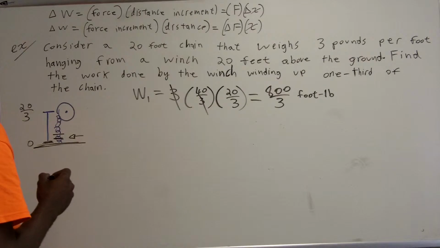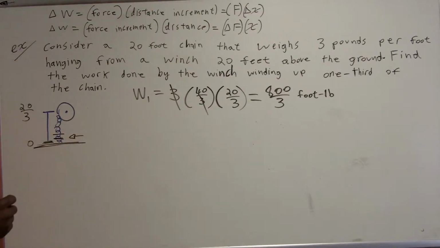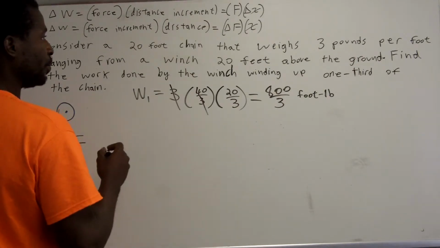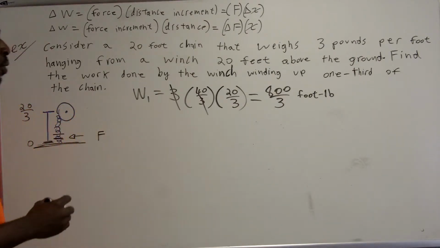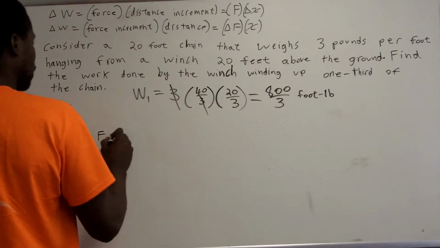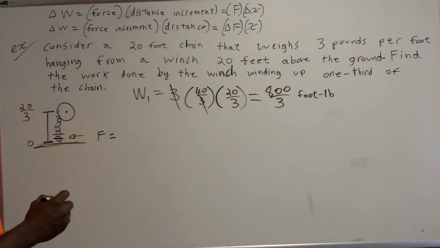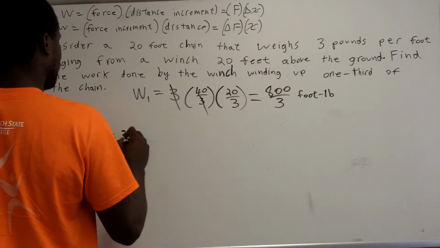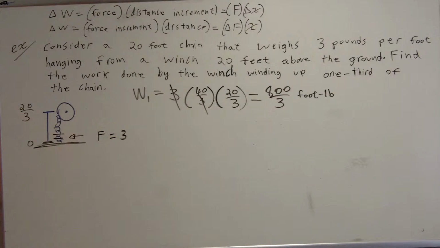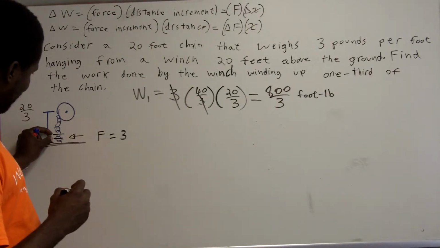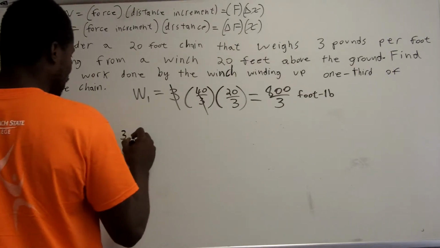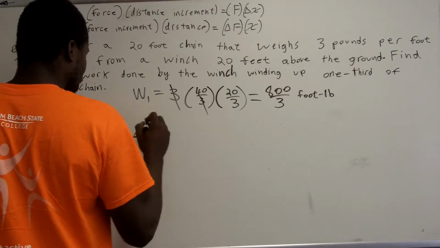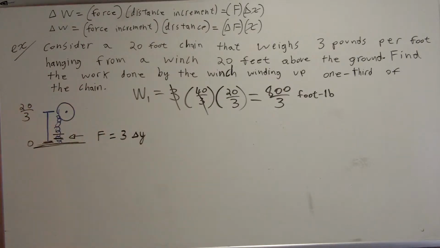Well, the weight of that little piece of chain, which is going to be our force, is equal to 3 pounds per foot, but I'm multiplying that by the number of feet, and that number of feet is just a little small increment of the total distance, which I'll call delta y.